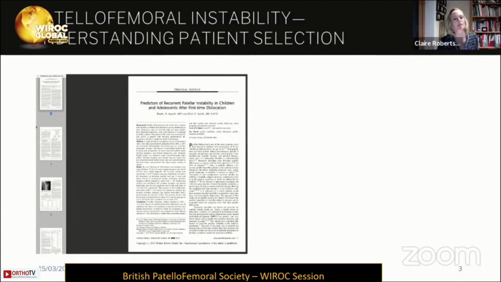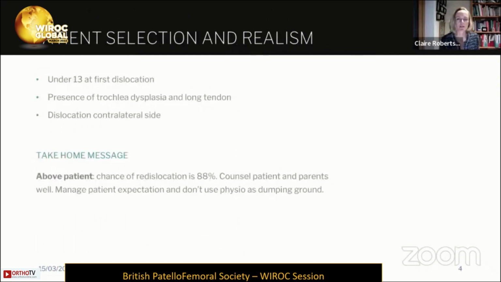And this paper here by Jack, I particularly like, because it looked at predictors of recurrent patellar instability. So it looked at structural elements and looked at who was going on to redislocate. So the messages are age, and again, Damien mentioned this.